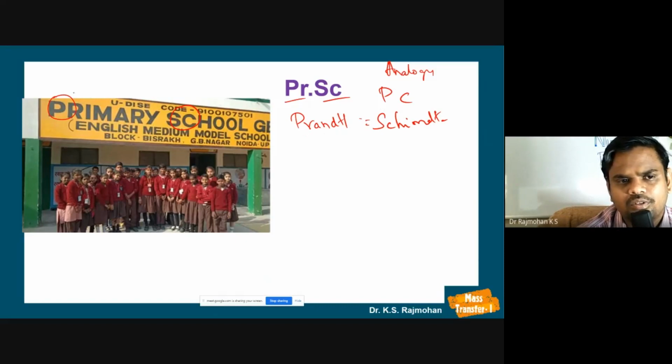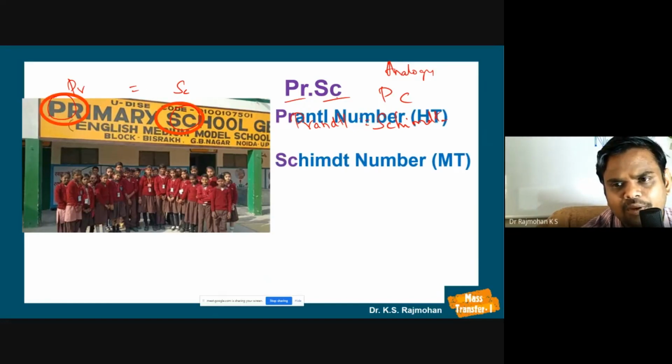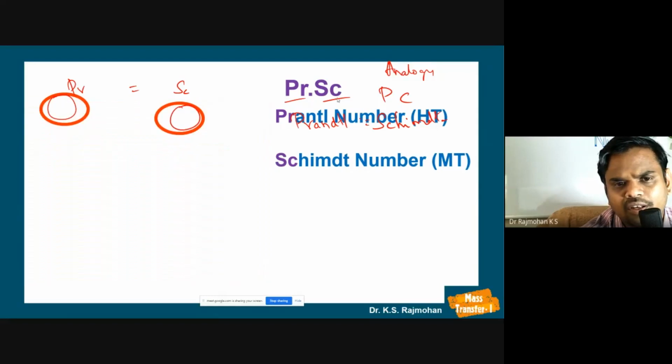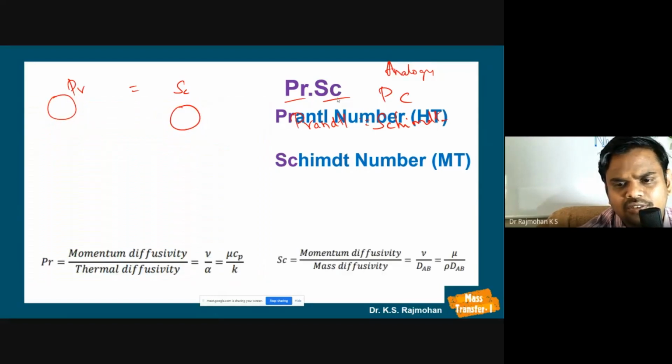Just to remember this, primary school, that is Prandtl number, Schmidt number. Prandtl number is momentum diffusivity by thermal diffusivity, mu Cp by rho K. Then Schmidt number is momentum diffusivity by mass diffusivity, mu by rho DAB.